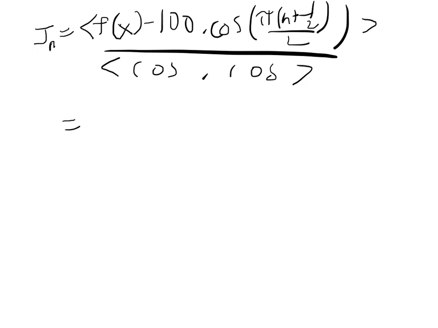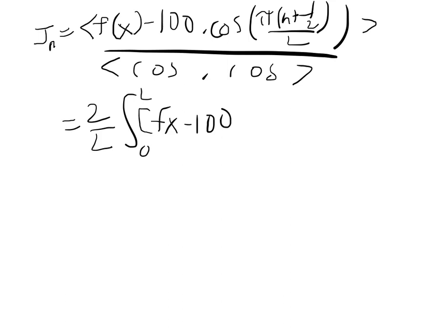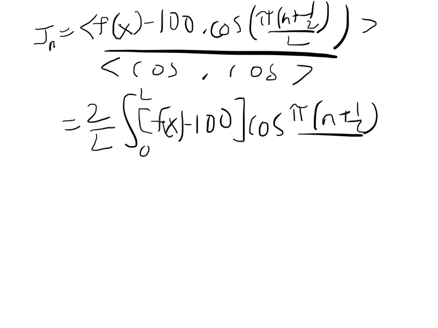As it is, the denominator turns into L over 2, and we're multiplying that by the integral of the top, which is from 0 to L, f of x minus 100 times the cosine pi (n plus 1/2) over L x dx.